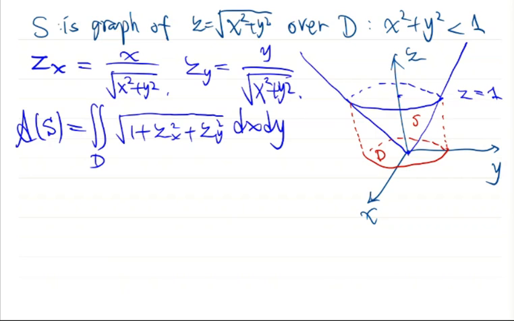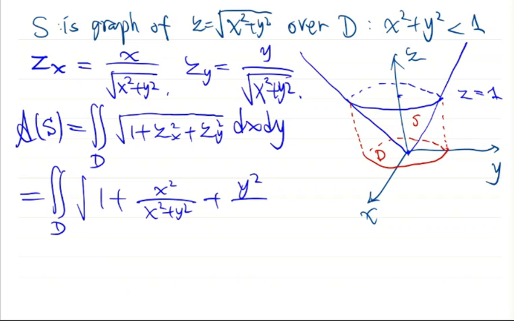Substituting z_x and z_y, we get the square root of 1 plus z_x squared plus z_y squared, dx dy.